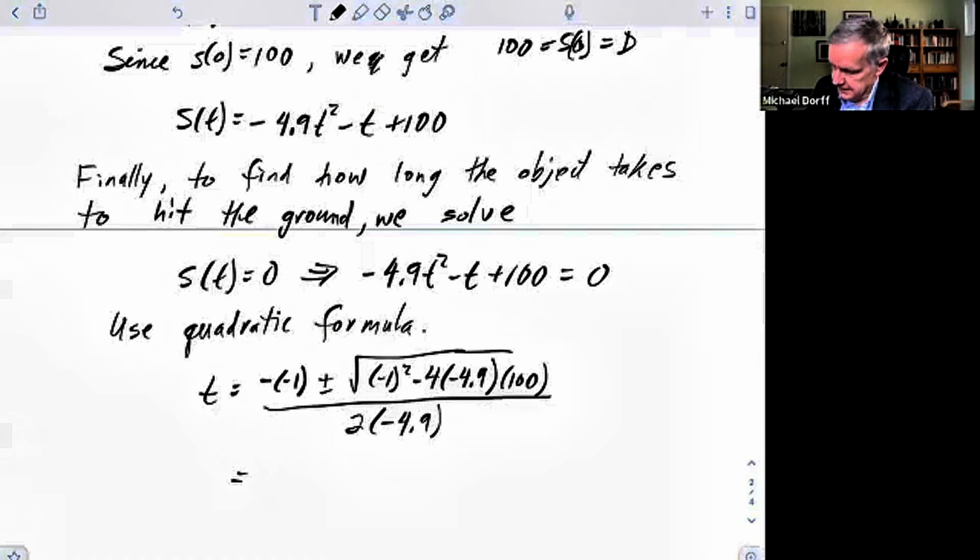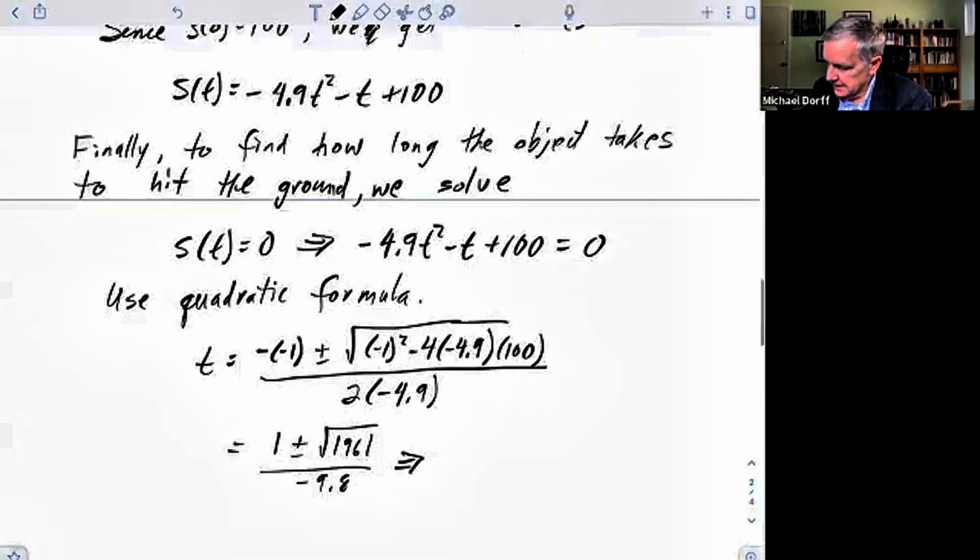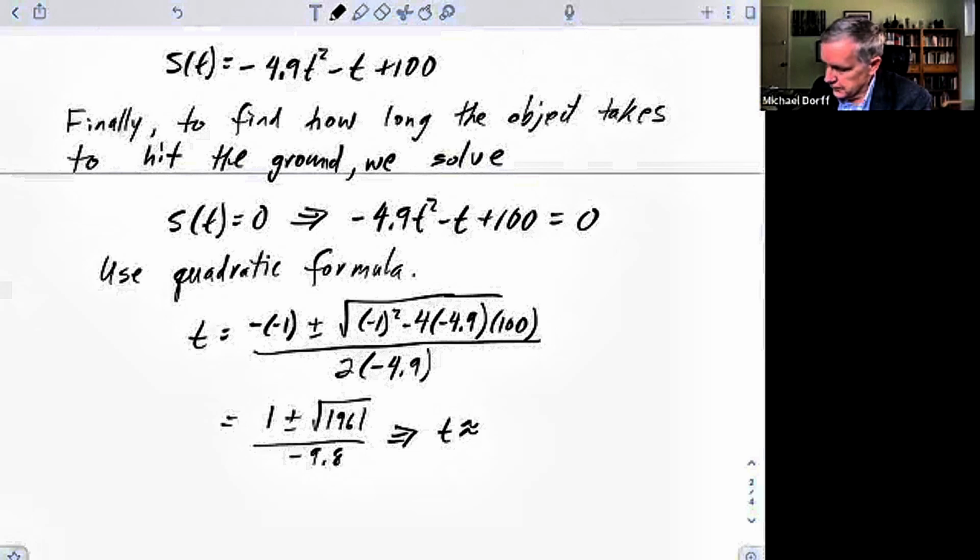When I do that, I get 1 plus or minus the square root of 1961 over negative 9.8. So t is approximately equal to 5.519 and negative 3.519.